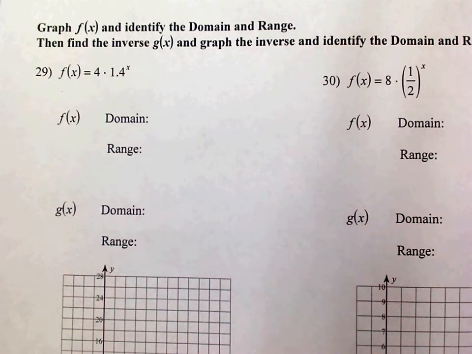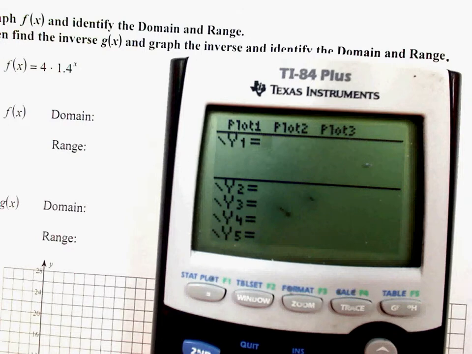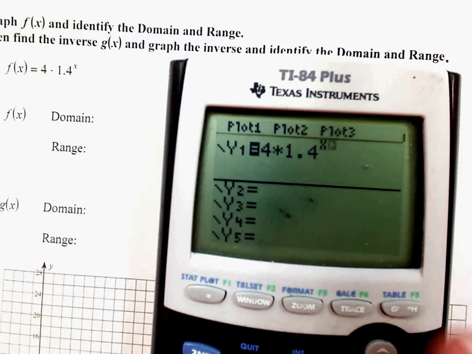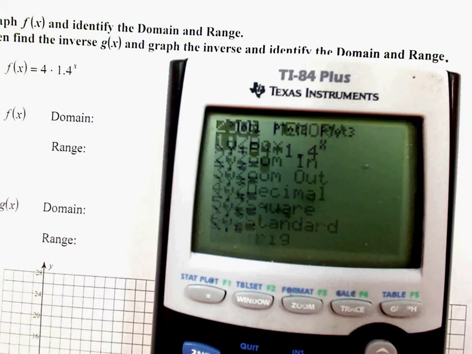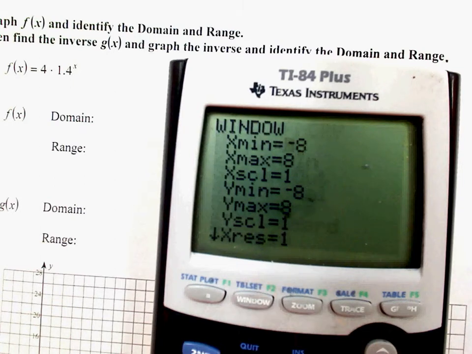Y equals 4 times 1.4 raised to the x. Okay, now I am going to look at the graph for a minute. Should we make our window the same they have? Okay. I'm only going to look at the window to get a look at it, but I'm not going to use the window to sketch my graph. What am I going to use to sketch my graph?